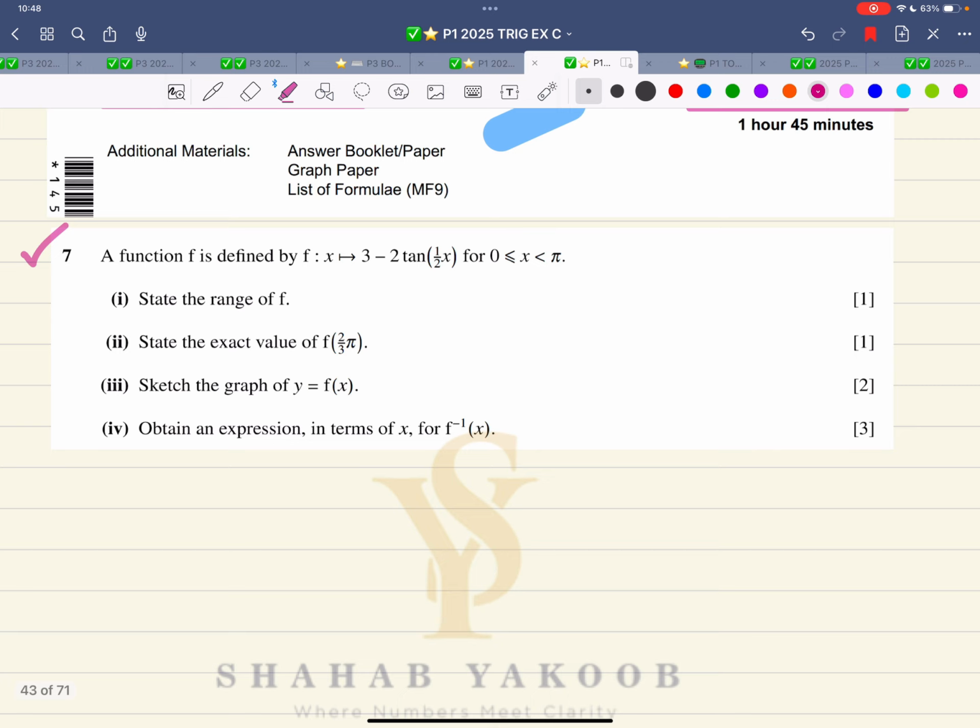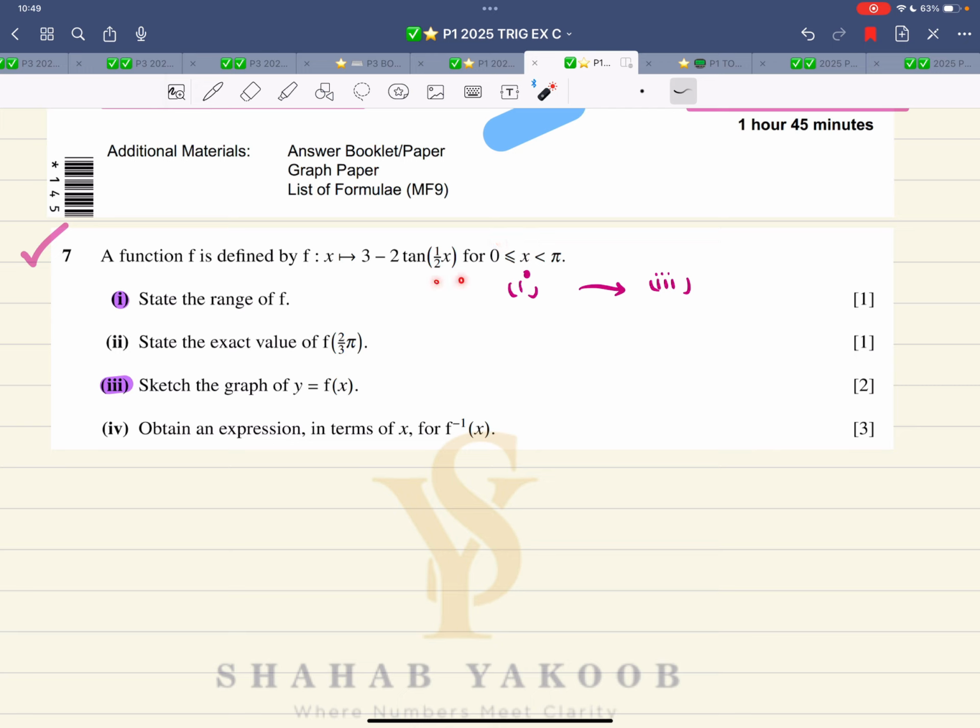Now there are four parts attached to it. First thing first, part number 1 and part number 3, they are related. You can either do part 1 first and then do part 3 or vice versa. So now over here we are using this concept of tangent, and tangent between 0 and pi.